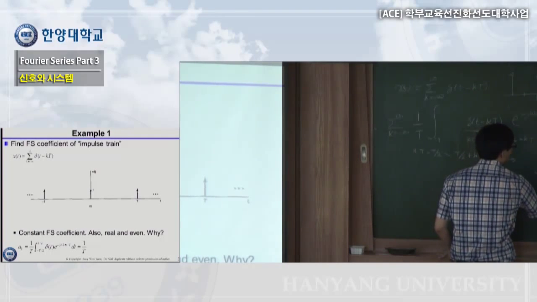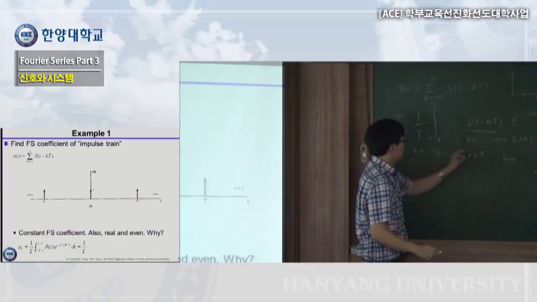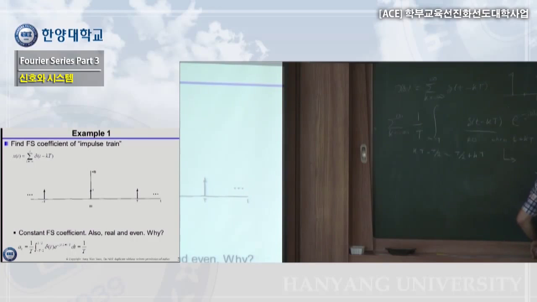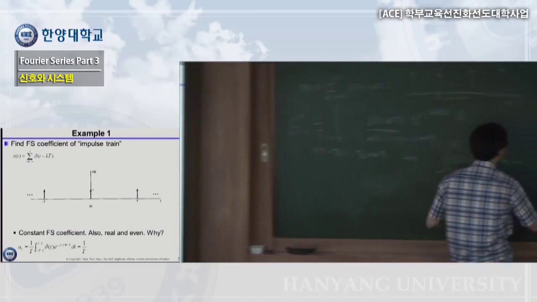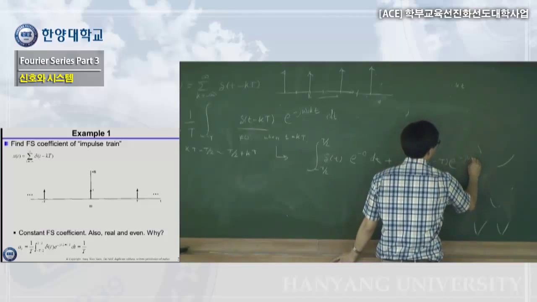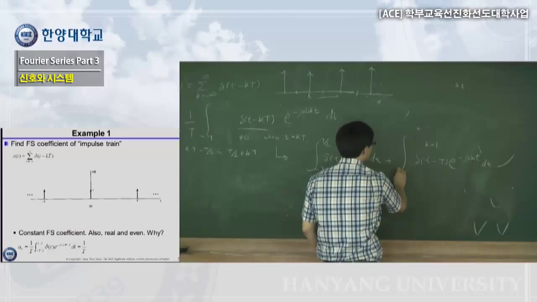So from here, k equals 0, so minus T over here. What was the second one? Delta t minus T, k equals 1, exponential minus j omega 0 t dt over a period.